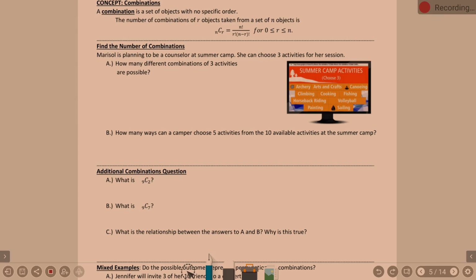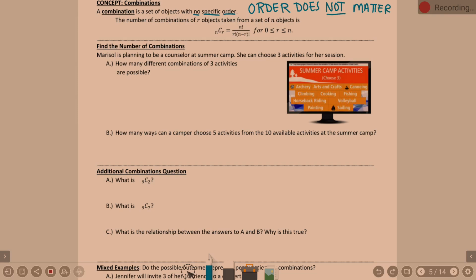When we talk about combinations, a combination is a set of objects with no specific order. A set of objects with no specific order. And so you'll often hear me say order does not matter in this scenario.